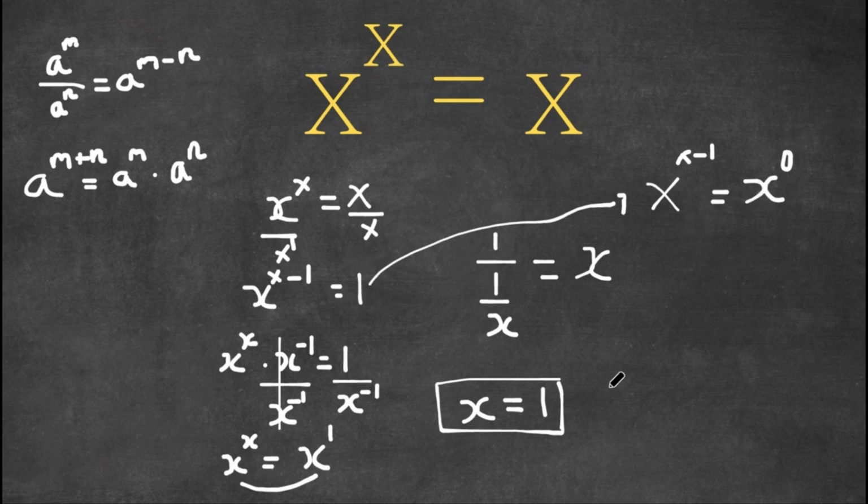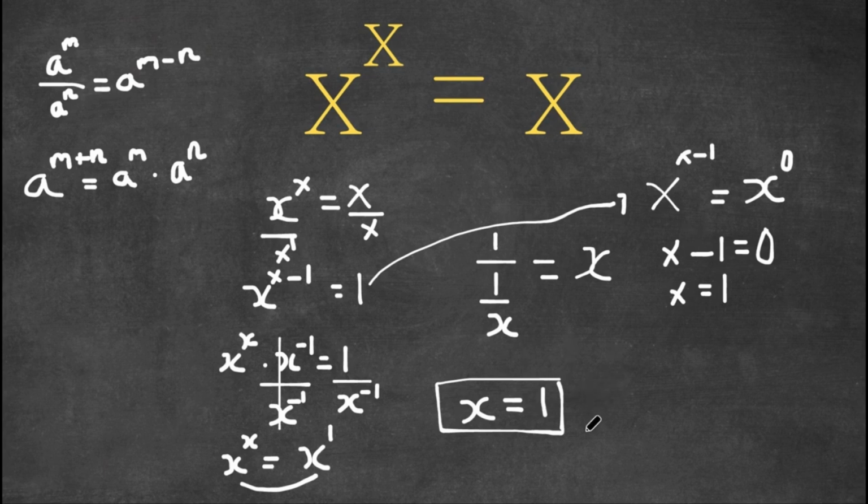Now we're going to do the same thing as before: set our exponents equal to each other. So we set x minus 1 equals 0, and if we add 1 on both sides, we get x equals 1. So this is another way of doing it, and we have our solution as x equals 1.